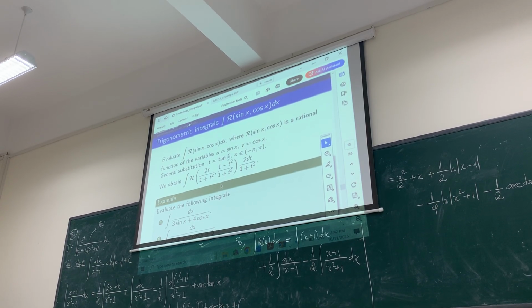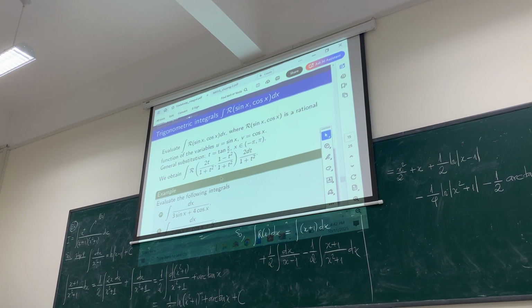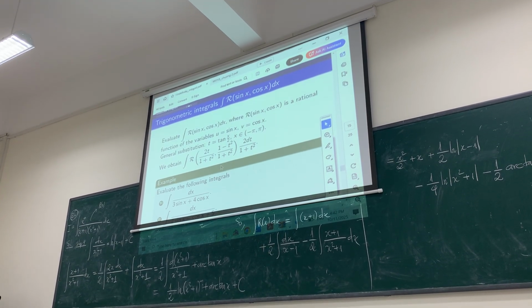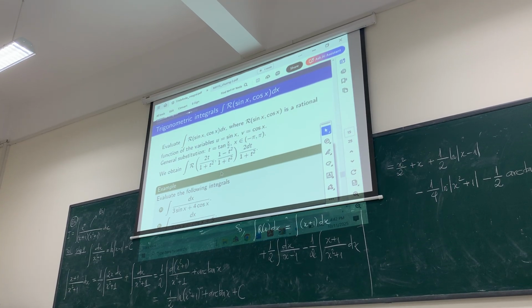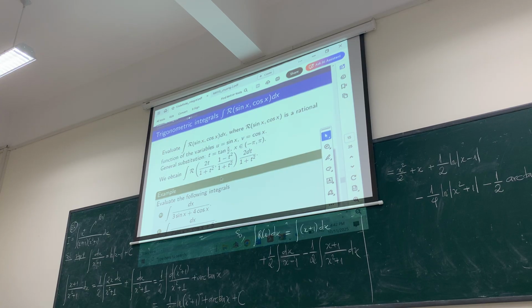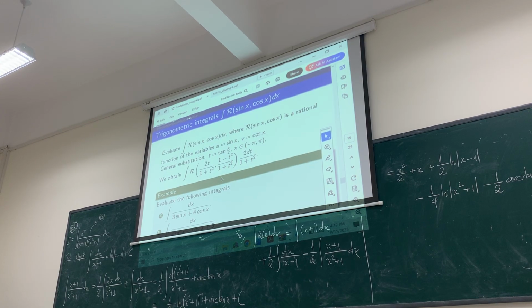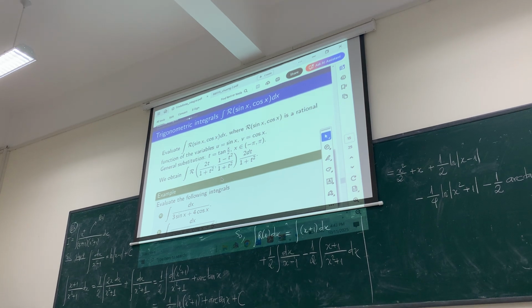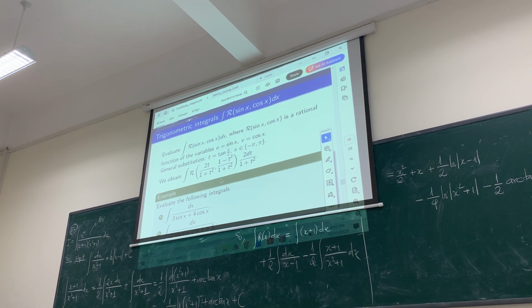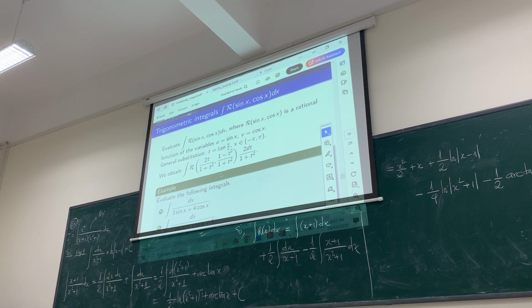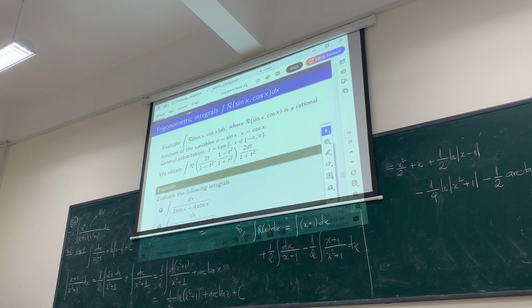Then we can estimate the integral of the rational function.